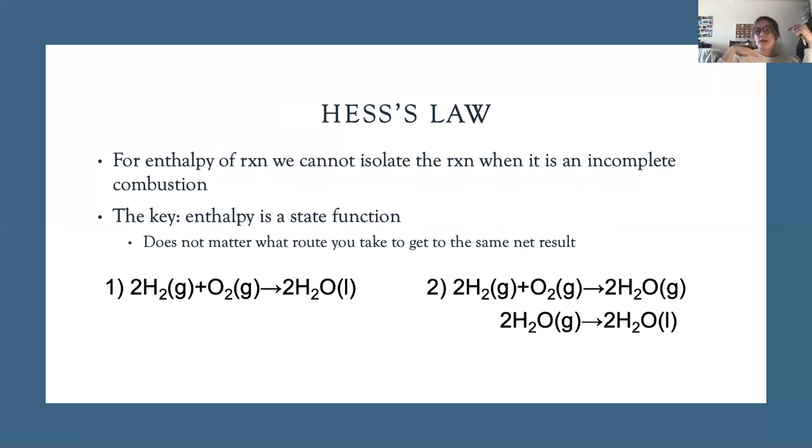So the way we get around this is because enthalpy is a state function, meaning it doesn't matter what way you get to the product, as long as it's the same product. So you could use 3 different reactions to get this product of 2H2O, or you could use this one reaction to get the same product of H2O or 2H2O. It doesn't matter how you get there as long as it's the same net result. And that's why we can get around these incomplete combustion reactions.